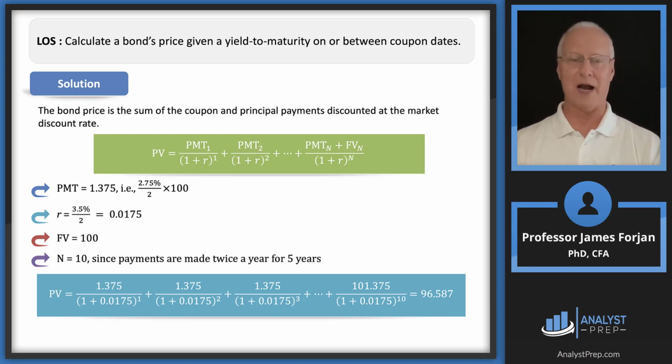And we're going to divide by 1 plus the yield to maturity, 1 plus the market discount rate. Now we're going to raise it to the 1 and the 2 and the 3 and the 4 and all the way out to the 10th power. If you do all that math, you get 96.587, and that is the price based on a $100 par value, or 96.587% of par value.